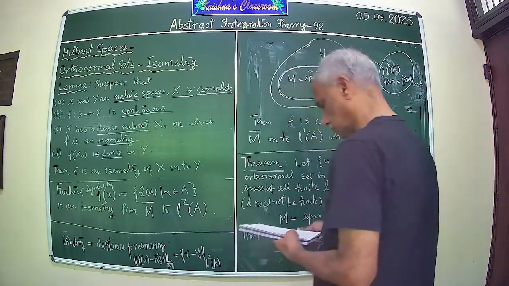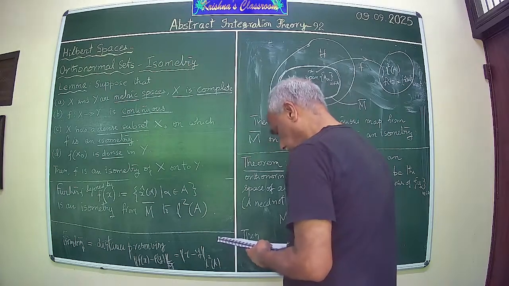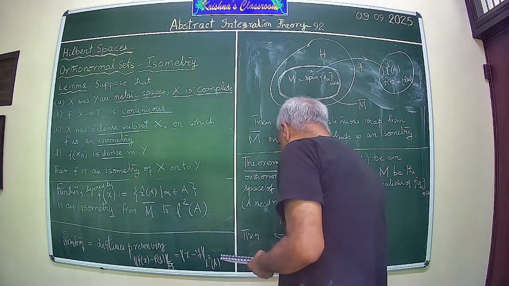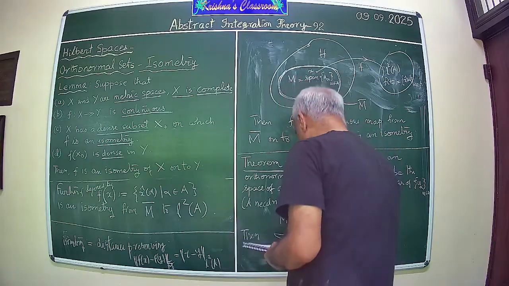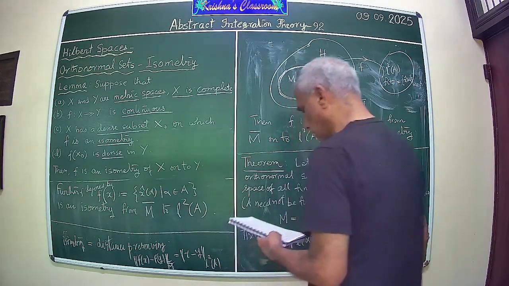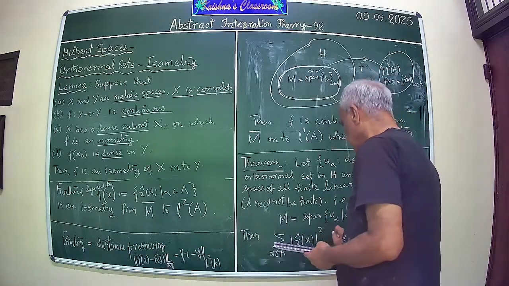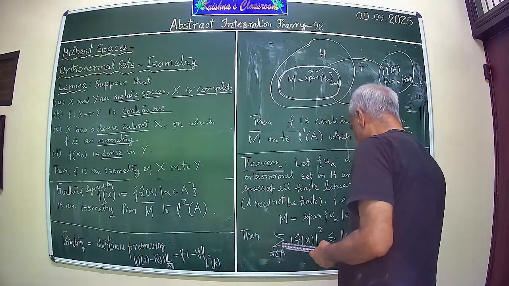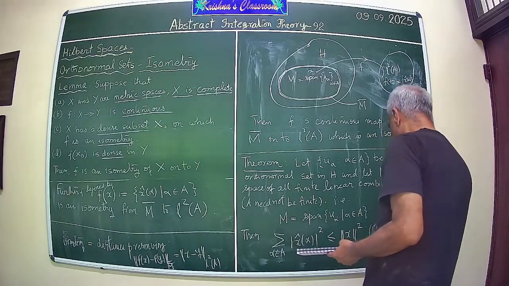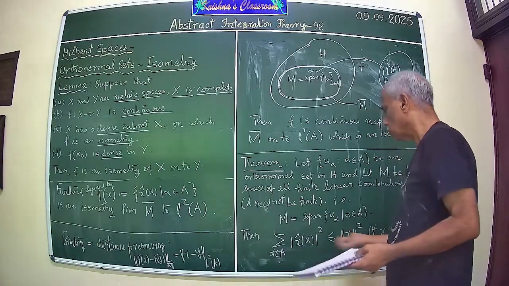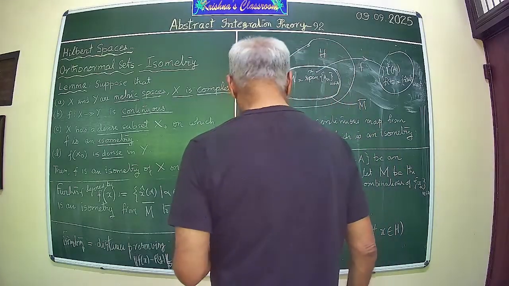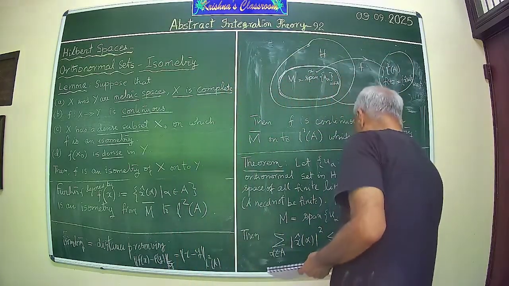Then the summation over alpha belonging to A of these Fourier coefficients squared is bounded. Now this inequality is valid for all x belonging to H. This is called the Bessel's inequality.